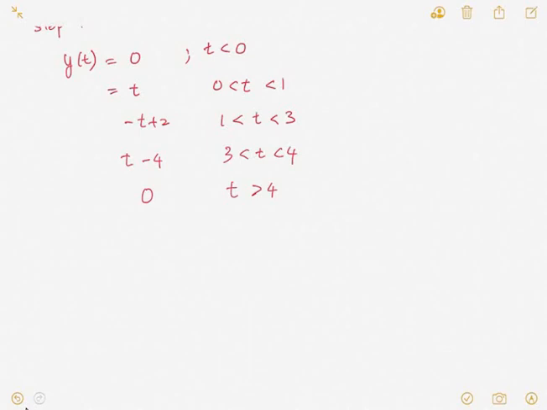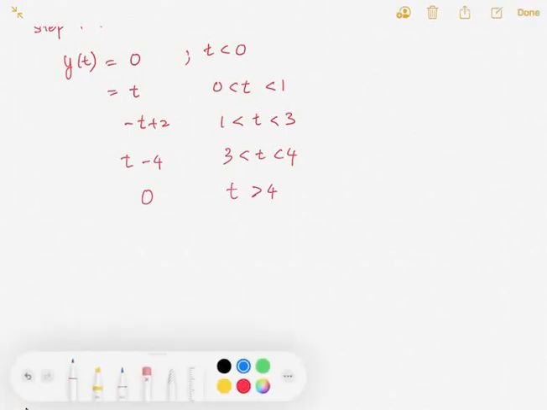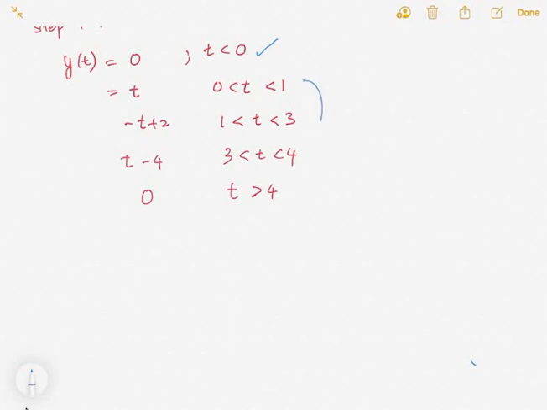So let's say you know that t is from t equal to 0 to at least t more than 4. Okay, t equals 0, there's a graph. For t less than 0, you will get 0. For t more than 4, you will get 0. So only this part of the graph you need to plot.